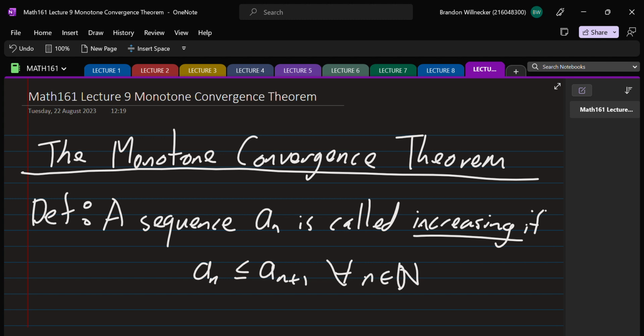What this means is at any point in the sequence, the next term is always bigger than the previous. So the (n+1)th term is always bigger than the nth, and this is true for all n.